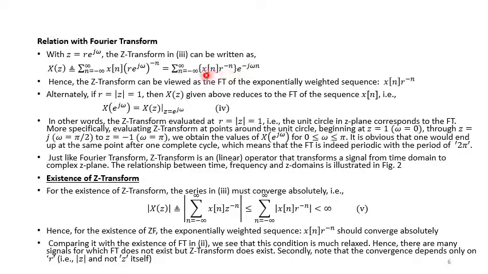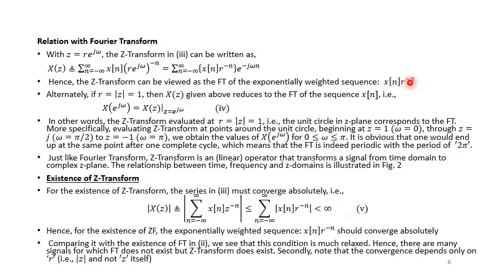You see, if you multiply a signal with e^(-jωn) and sum, that is the Fourier transform. So the Z transform is basically the Fourier transform of an exponentially weighted sequence, that is x(n) multiplied by r^(-n).